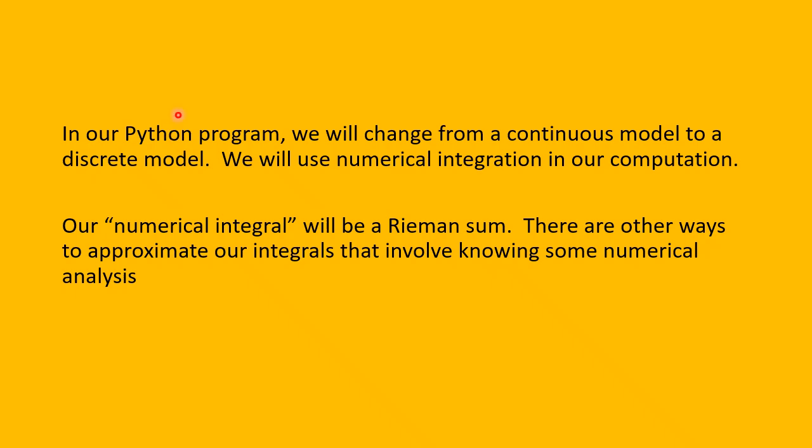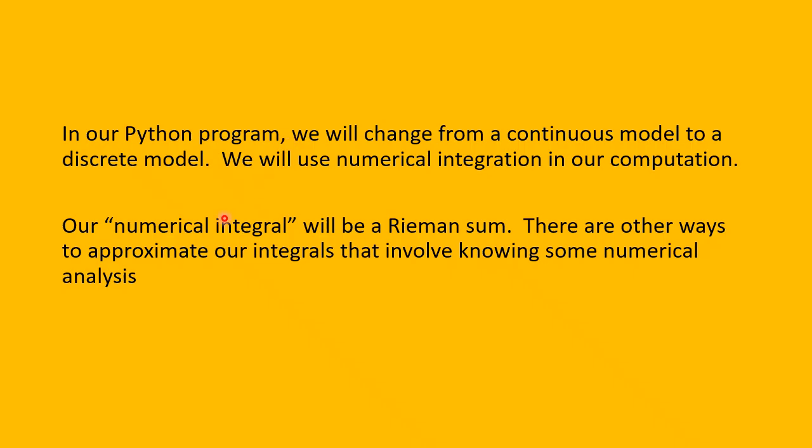So in our Python program, we will change from a continuous model to a discrete model, and we will use numerical integration, actually just Riemann sums, the simplest form of numerical approximation to an integral, for our computation of the integral of a vector-valued function.